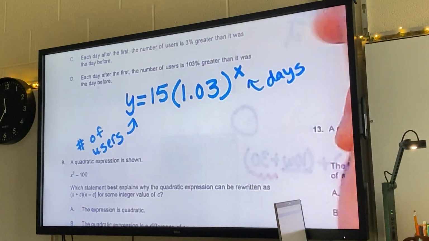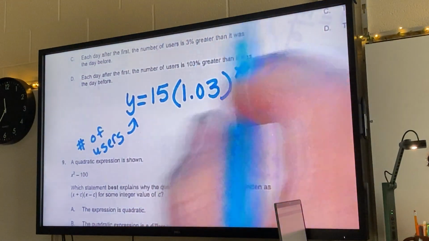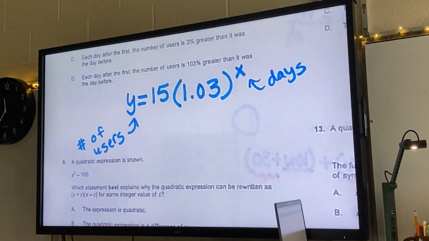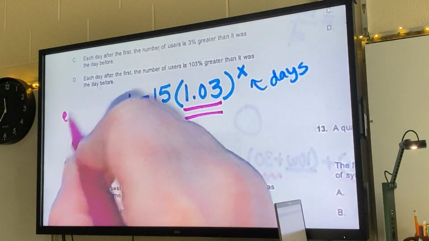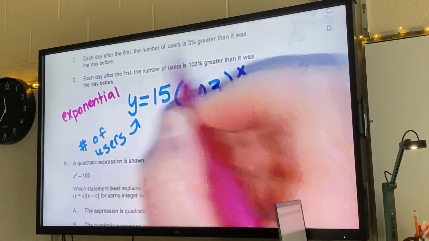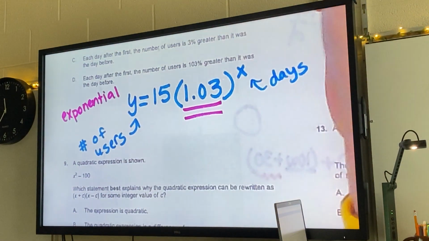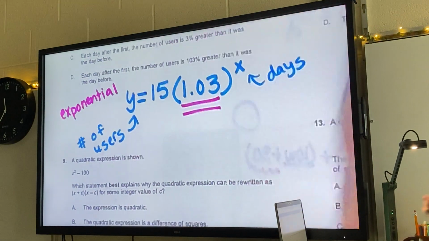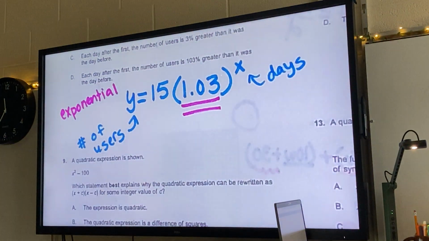So the question is, what does 1.03 represent? They want to know what this part of the exponential equation represents. Let's look at our choices. The number of users increases 3 each day, it increases 103 each day, it increases 3%, or it increases 103%. Let's go look at the table on our calculator and get a feeling about it.